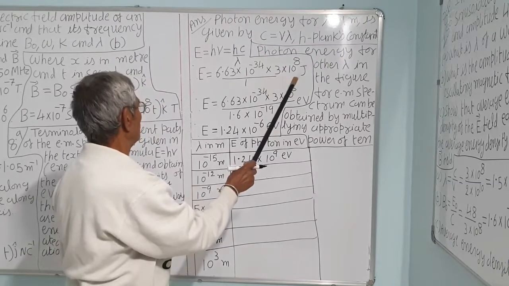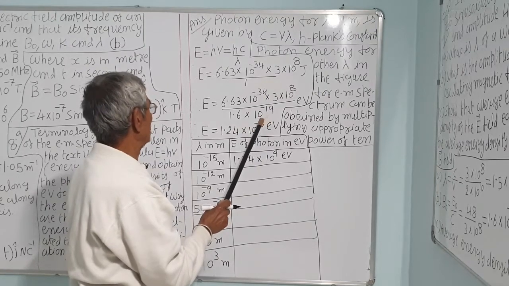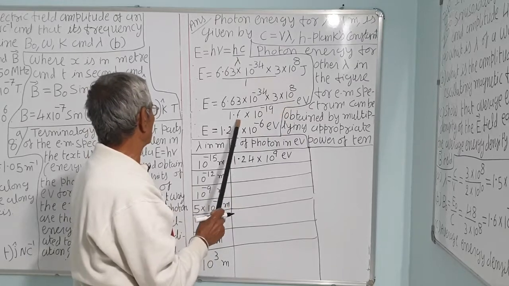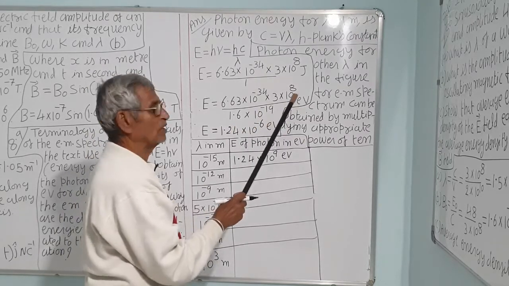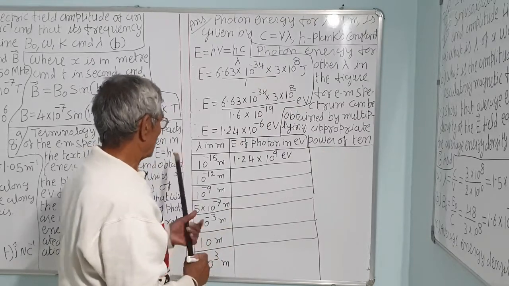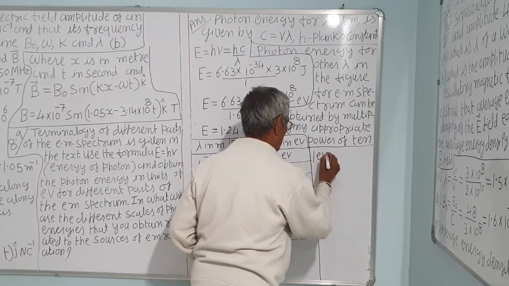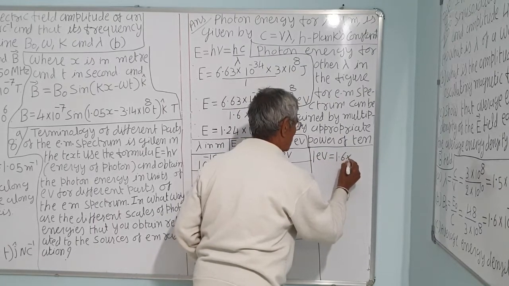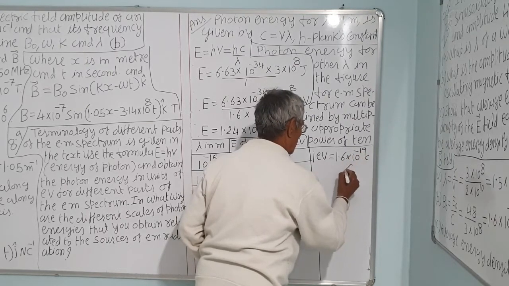This is in joules. So 1.6 into 10 raised to minus 19 joules is equal to 1 electron volt, correct. So divide by 1.6 into 10 raised to minus 19, and you will get the energy in electron volt. That is, 1 electron volt is equal to the electronic charge, 1.6 into 10 raised to minus 19 coulomb, into 1 volt.